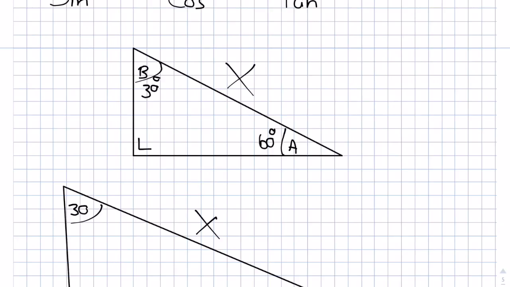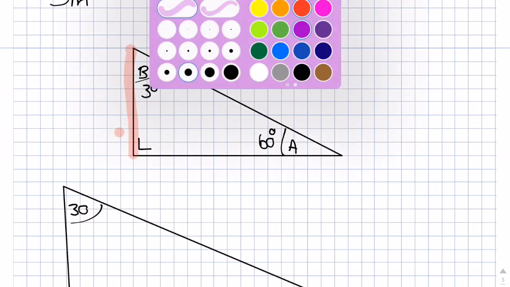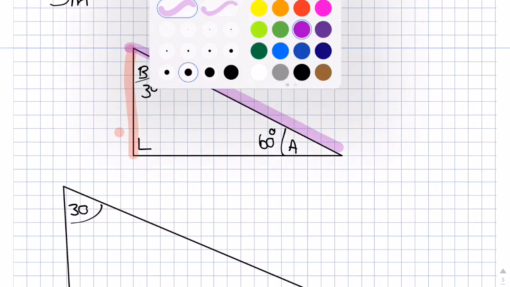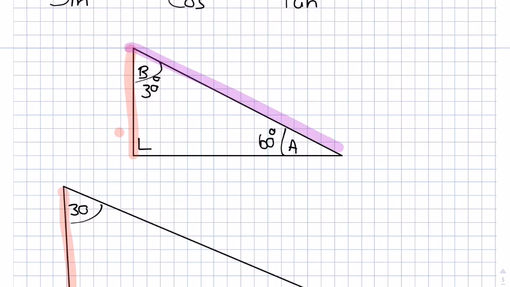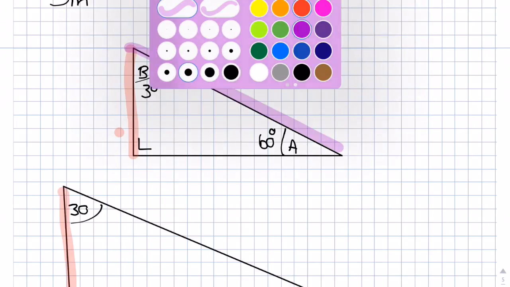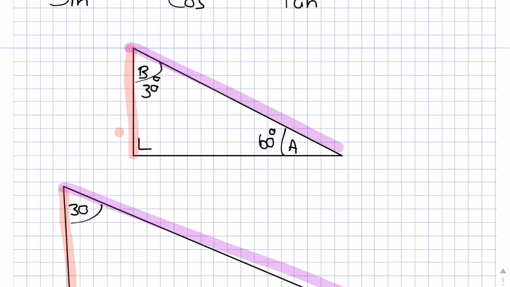It's the angle that's important in the triangle. So basically this side divided by this side will be the same as this side divided by this side. They have the same ratio as each other, and that ratio is known as the sine of the angle 60 degrees.